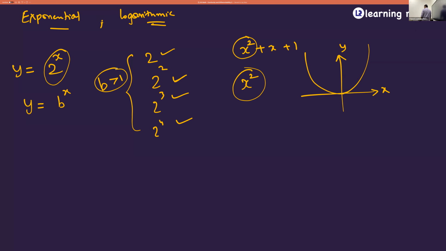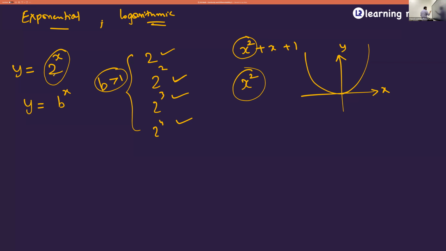So that's what the definition is. This is called the base. Obviously, you know this. This is called the base, and the value x is called the power. If the base is considered to be a value greater than 1, and you raise that value to any power x, you call that an exponential function.